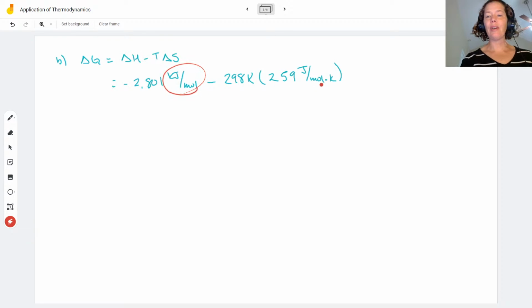Our units here don't match. Now our Kelvin will cancel, so that's not a problem. The nice thing is they went ahead and gave us the temperature in Kelvin. But you can see that delta H is given in kilojoules, and delta S we just calculated in joules.